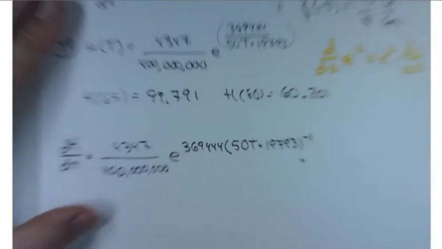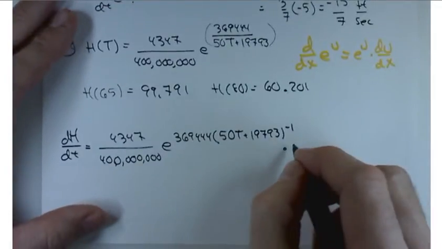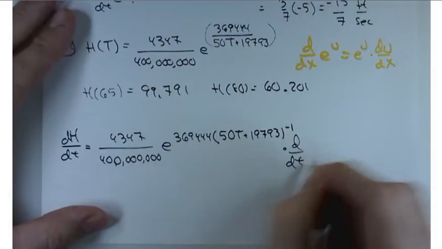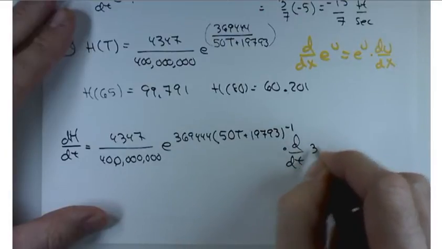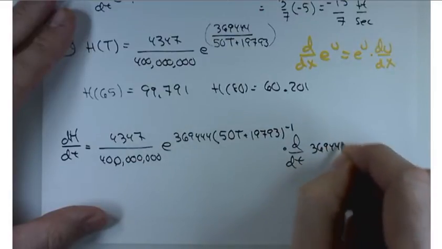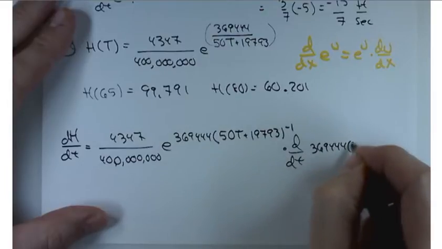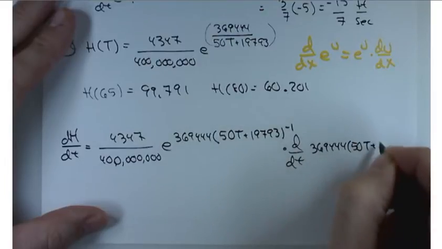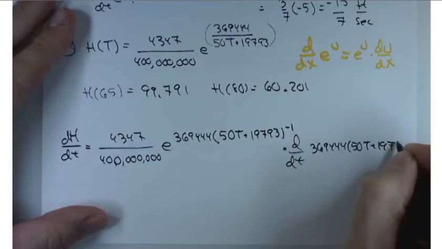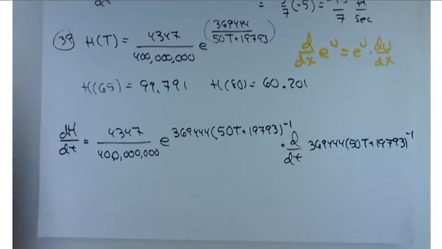So I need a little more room. Let me zoom out. So d by dt of 369,444 times 50T plus 19,793 to the negative first. So I've got to differentiate that exponent. Then I should be done with the derivative part here.